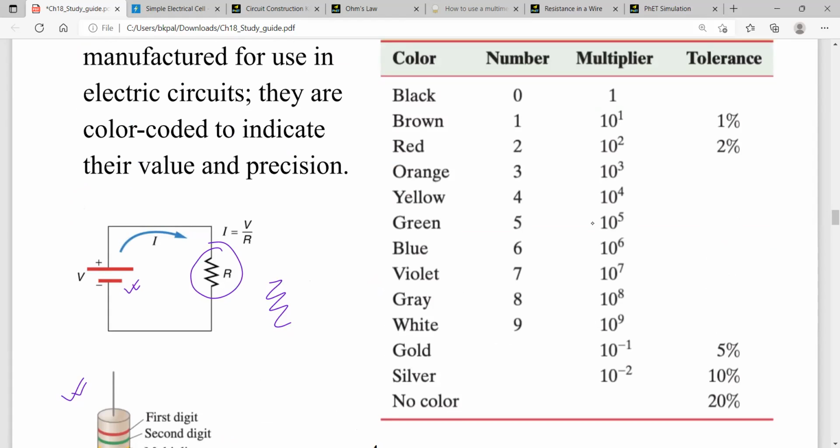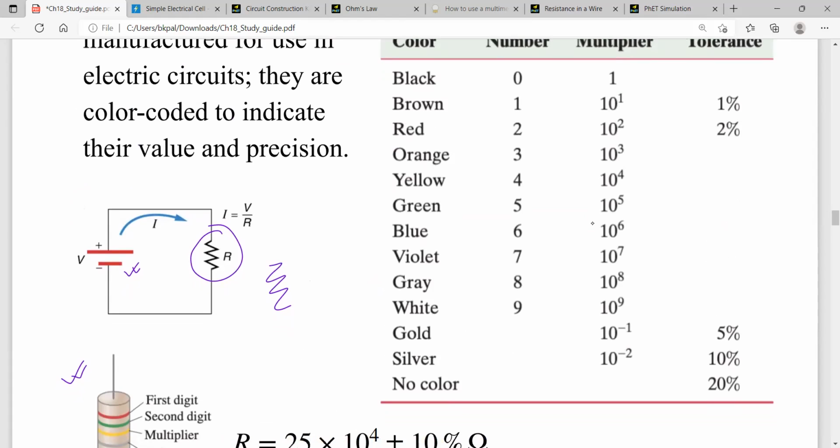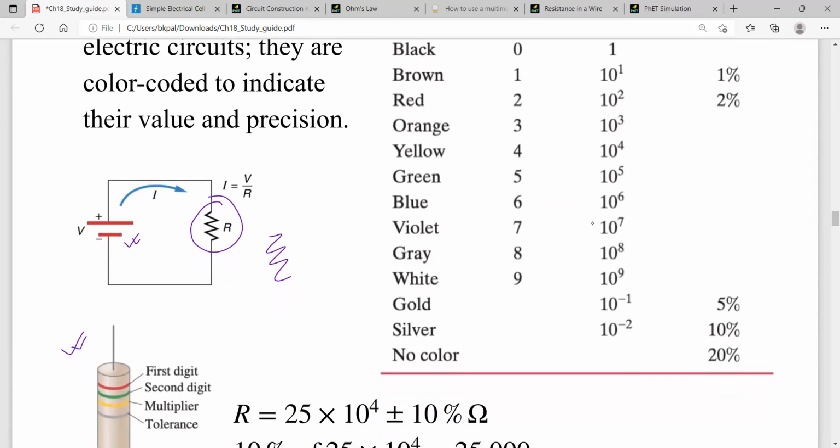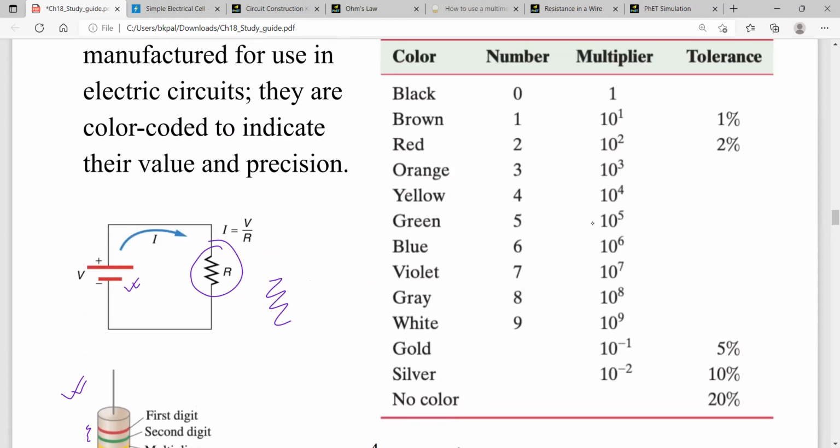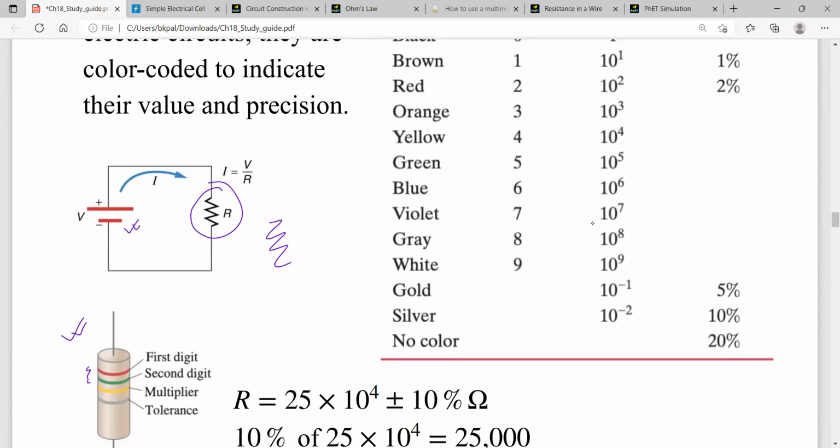The first two colors tell you the first two digits of the value, the third color is the multiplier, and the fourth color is the tolerance.